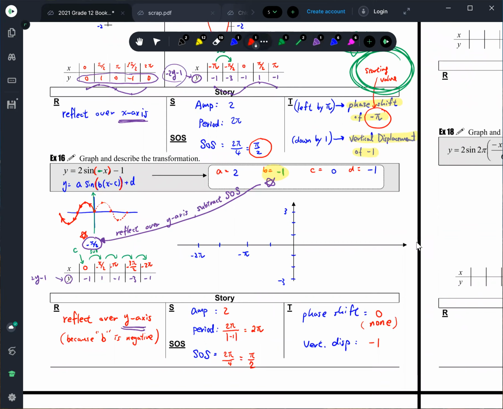All right, so let's follow the points. We have 0, -1, negative pi over 2 is 1. Okay, so go up, go down, right? You can see the pattern, and then go down again, to -3 and go back up.